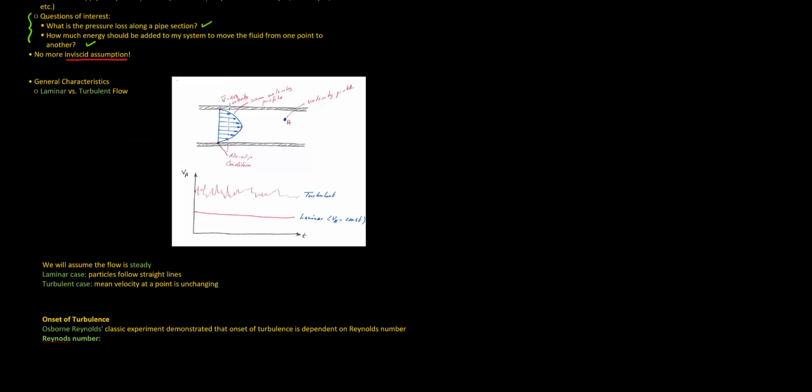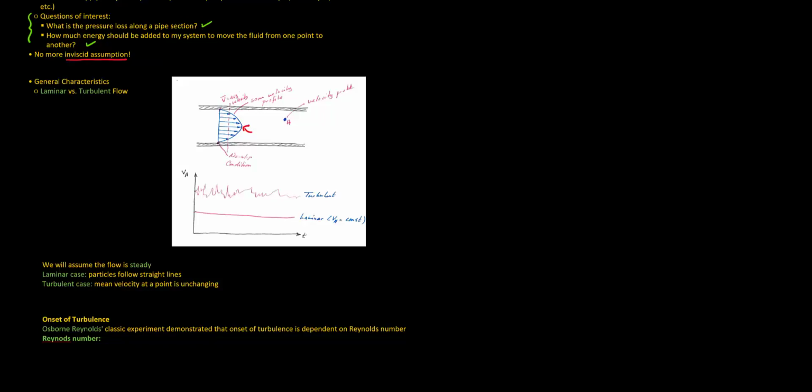So let's touch on a few definitions and general characteristics of pipe flows. So let's consider we have a pipe, and here we have some velocity profile. We're not going to make any restrictions on what that velocity profile looks like and whether we have a laminar or turbulent flow in this top image here.